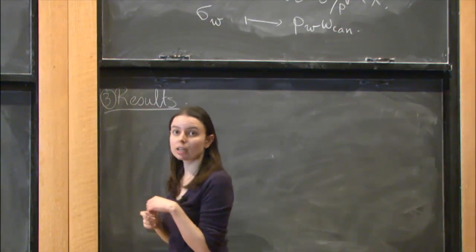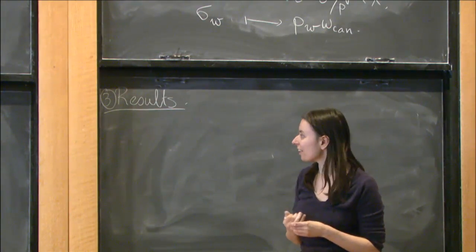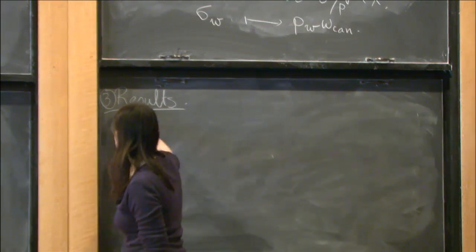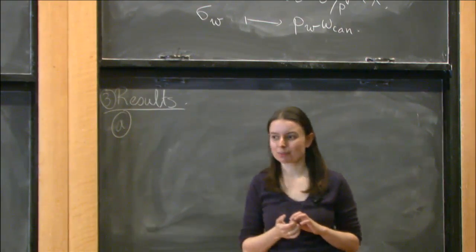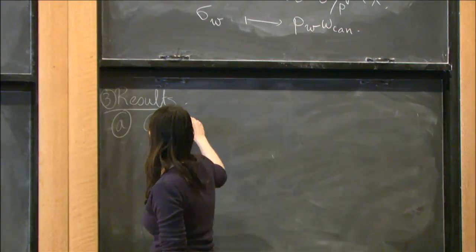So what I'm going to do now is give some idea of what the constructions are. Maybe I'll go a bit quickly for the case of Grassmannians, because we've already seen it in Lauren's talk.